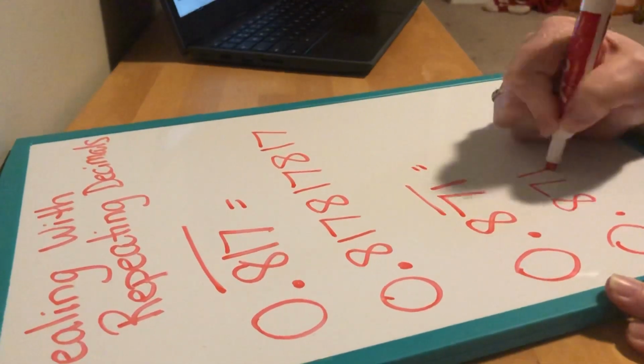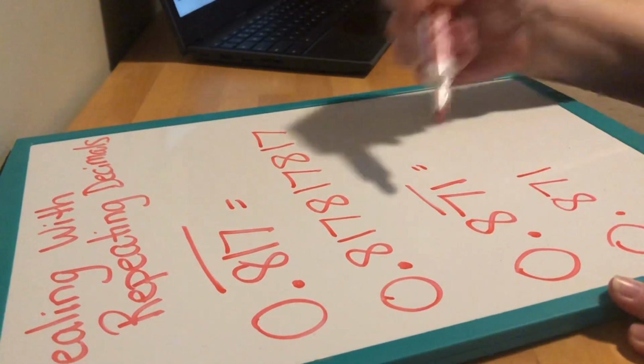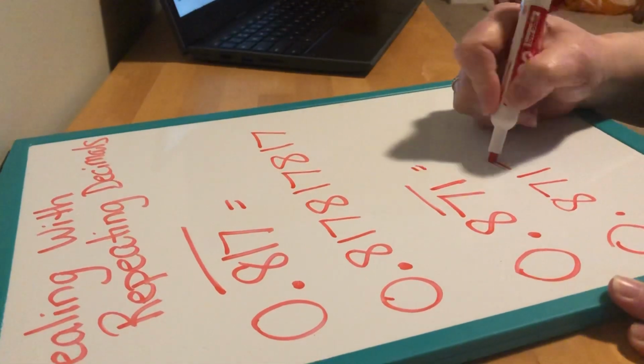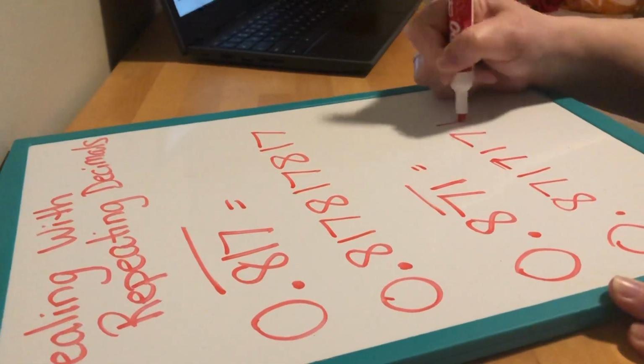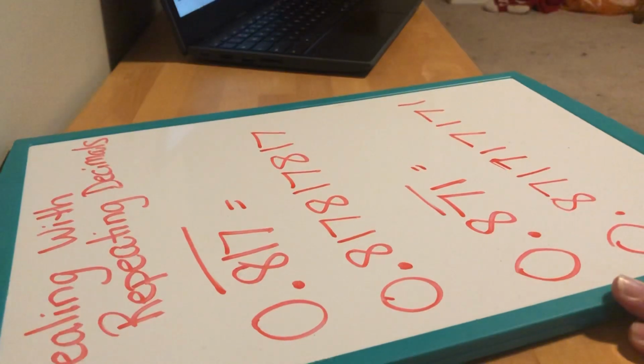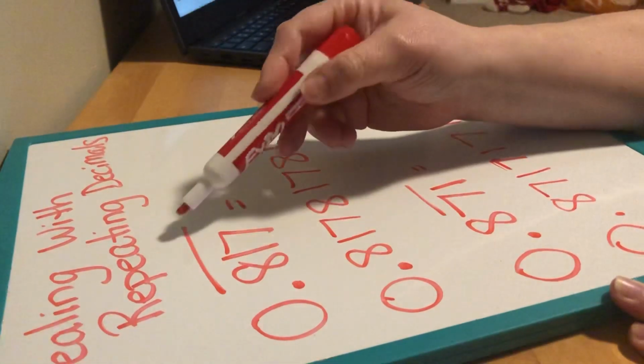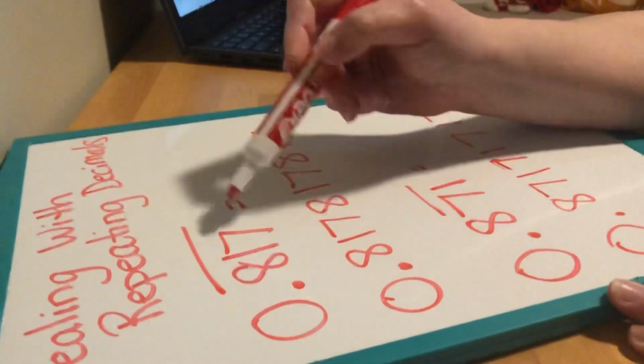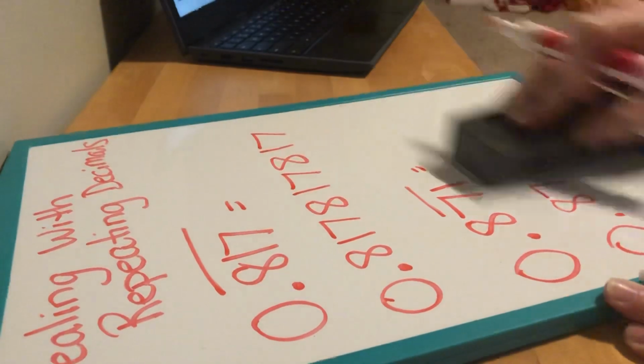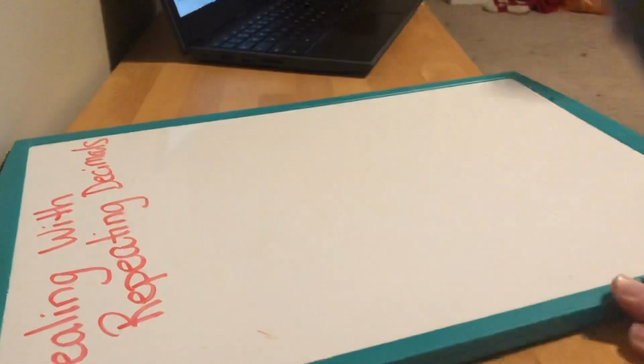Then you're going to write the original 7-1, and since it is the 2 numbers that are repeating, that's what you're going to now write. So you need to be very careful and look and see, where is this bar notation? What numbers is it over top of? And that is what gets repeated.